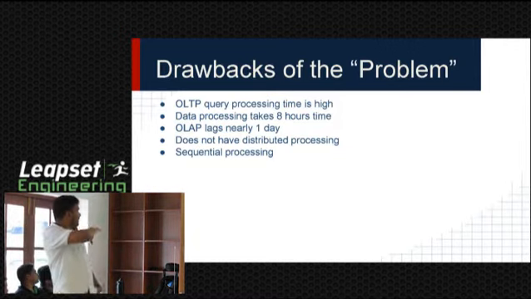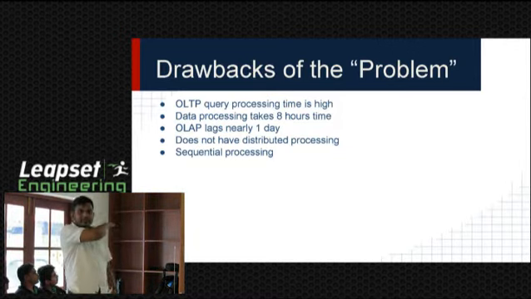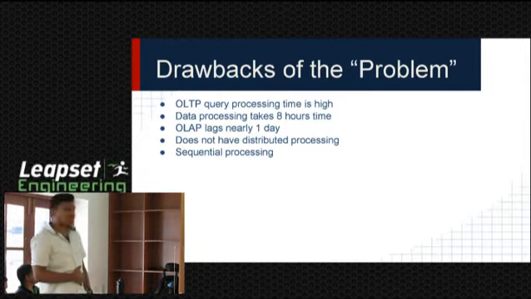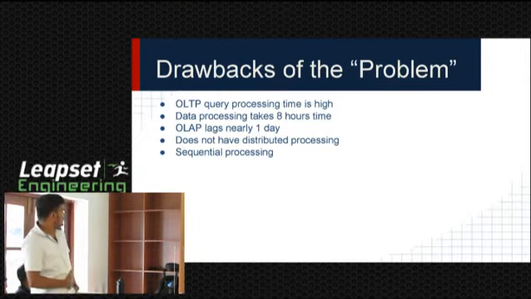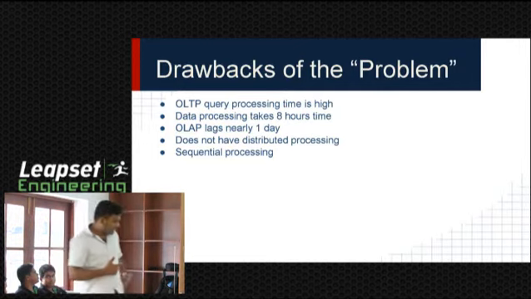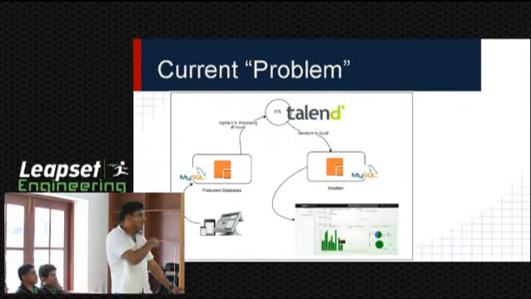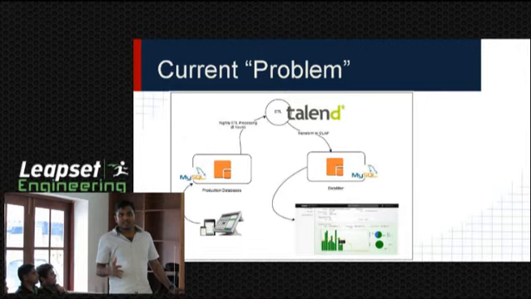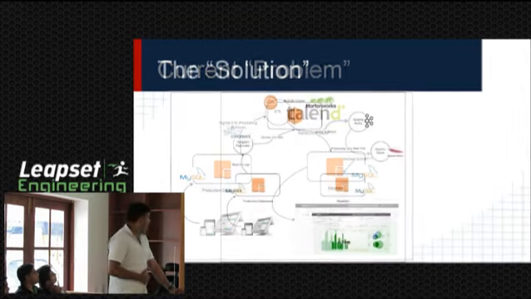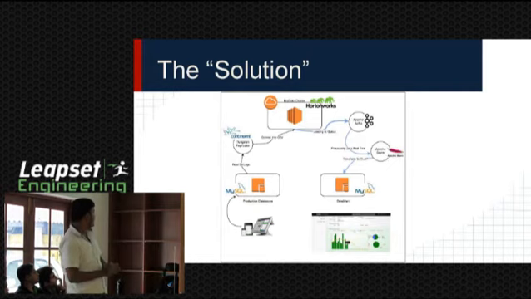Since we run this nightly, this takes nearly a 1 day lag. And this ETL, the Talend ETL, is not a distributed ETL. It is sequential processing, so it takes time. That's the thing.